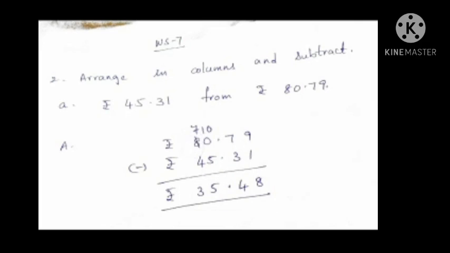This 8 becomes 7 and this 0 becomes 10. 10 minus 5 is 5. Next, 7 minus 4 is 3. Then you write the rupee symbol here. After subtracting these amounts of money, what is the final answer we got, children? Rupees 35.48.